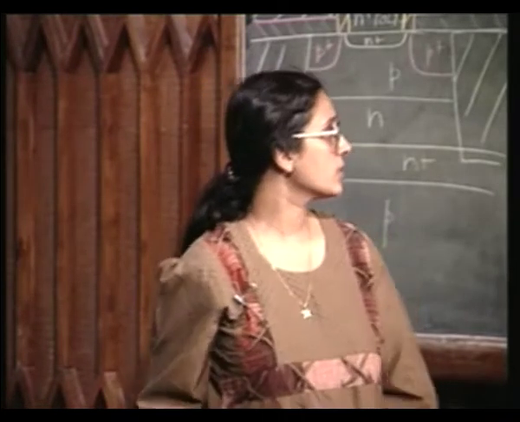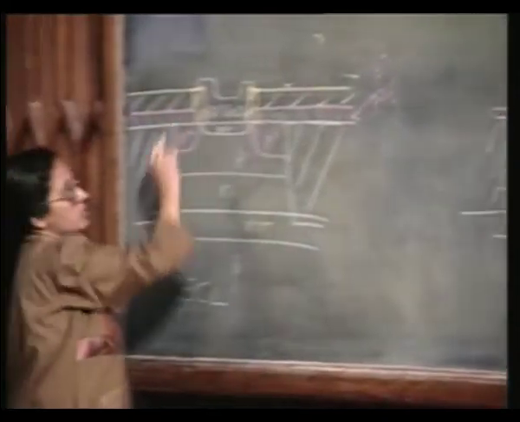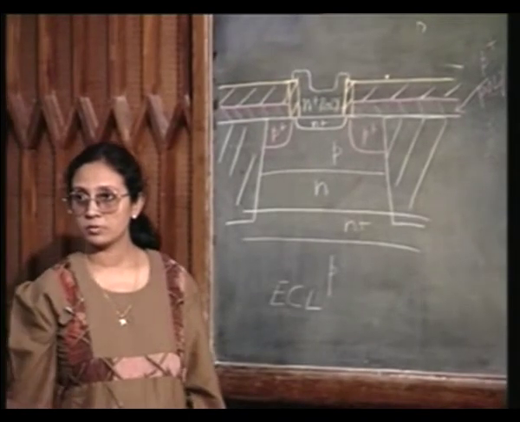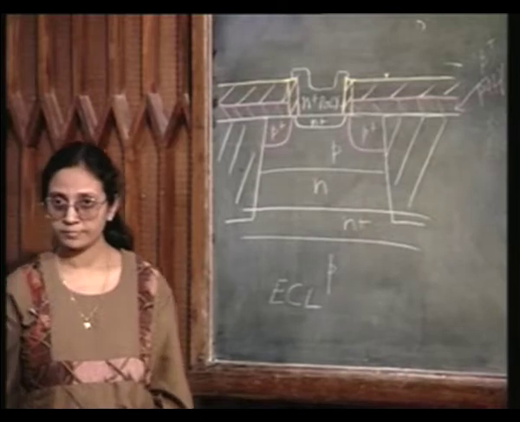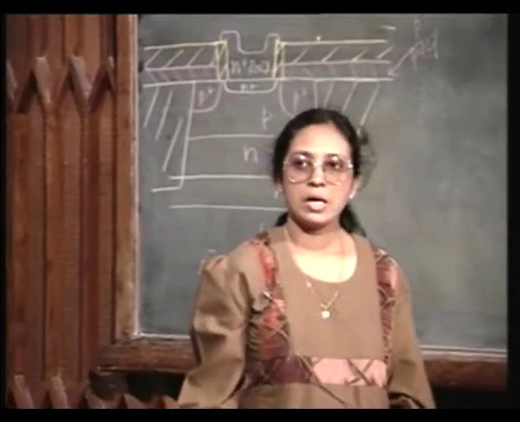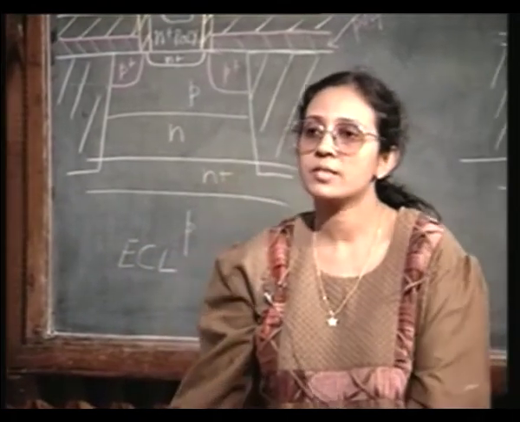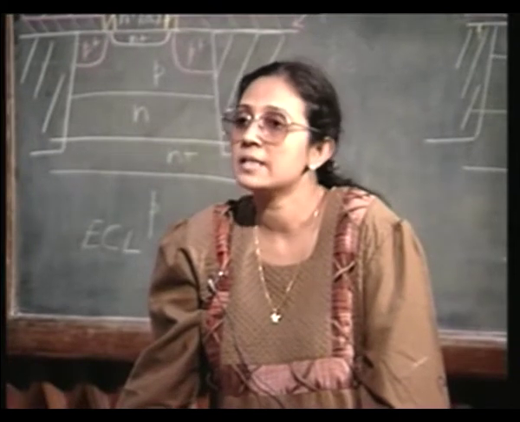Many of these steps, for example, this poly deposition could be shared with this poly deposition. So now you can think of a circuit which can house both I square L and ECL.